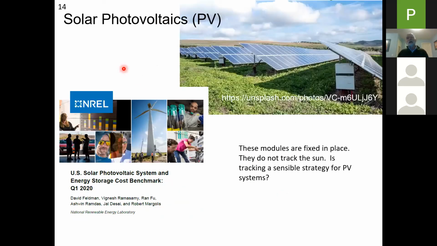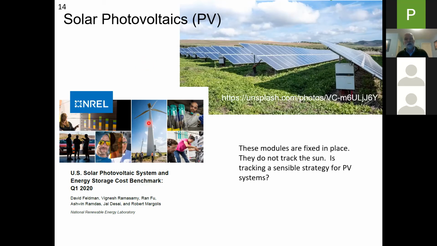Okay, so that's all I'm going to say about wind energy for this introduction. We'll come back and look at it in more detail later on. I want to move on to photovoltaics. And again, I'm taking information from the US National Renewable Energy Laboratory because it's a wonderful source of information about renewable energy projects generally.